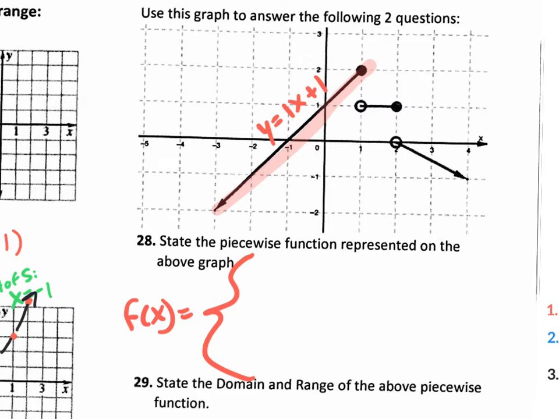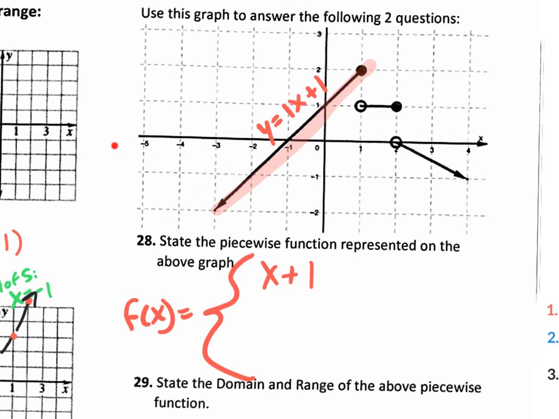Now remember, this says y equals, now you want to state the rest. y equals 1x plus 1. Or you could just write x plus 1. Okay, that's the first piece. Now, we actually need to state what part of this entire line are we looking at. We're looking at from here to the left.